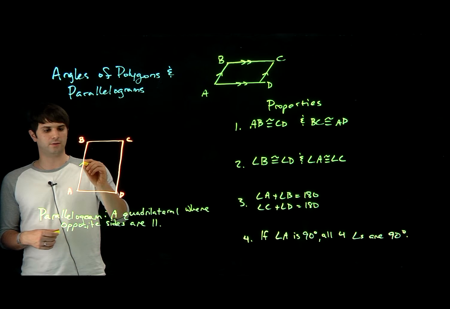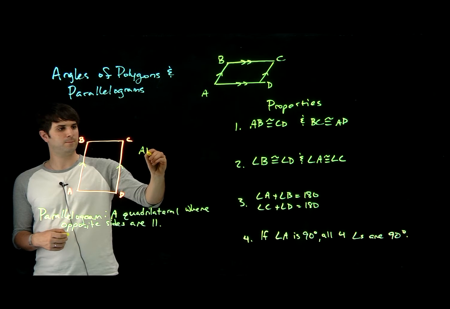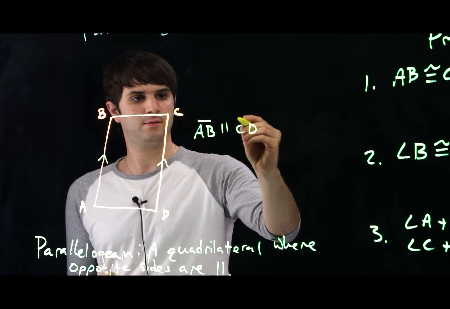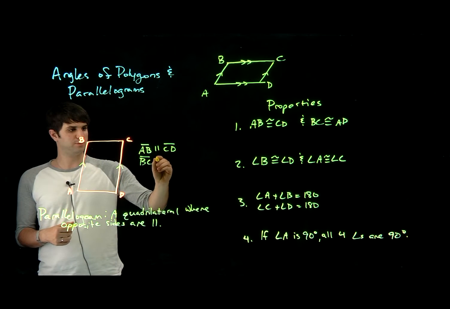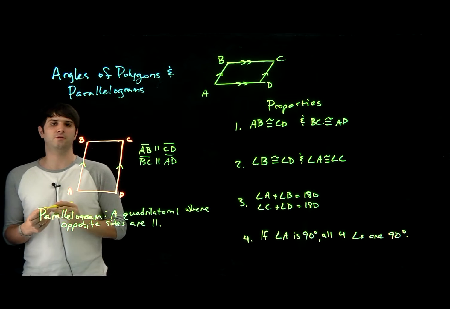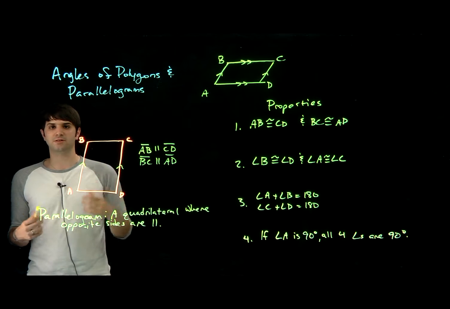If this is a parallelogram, that means we have AB is parallel to CD, and BC is parallel to AD. Okay, so that's our definition of a parallelogram. Just a quadrilateral, and the opposite sides are parallel.